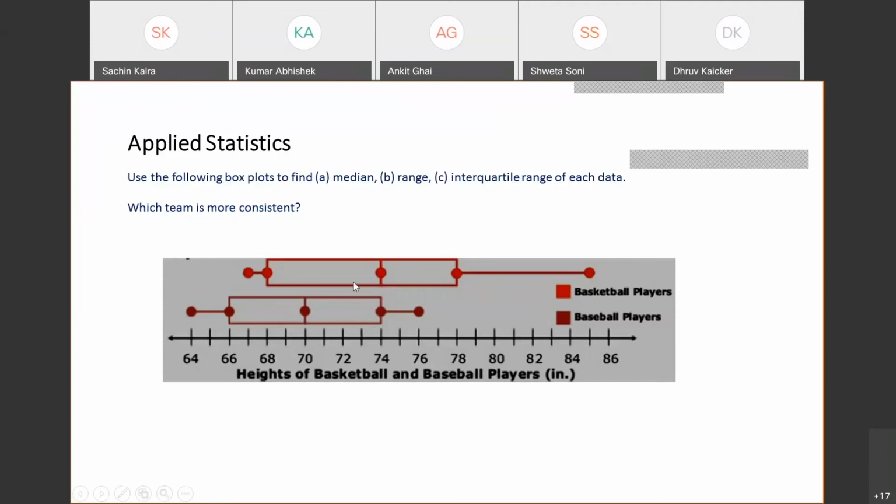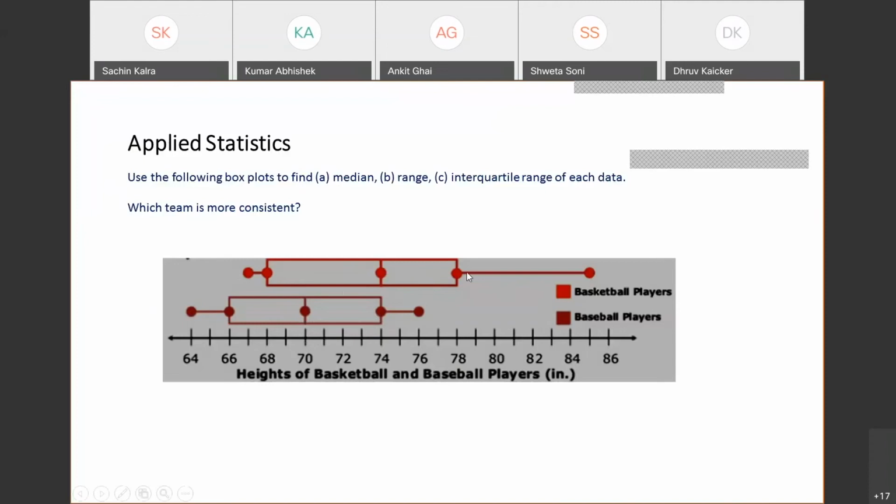But here the deflection is much more. So the mean would somewhat lie here and the median is more. I would say in this data the mean is on the lower side. This data is skewed left and this data is symmetrical. That means this data is more reliable than this data.